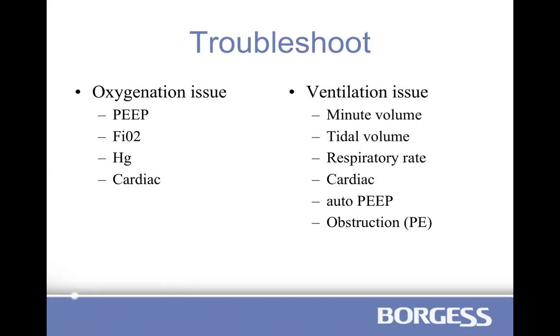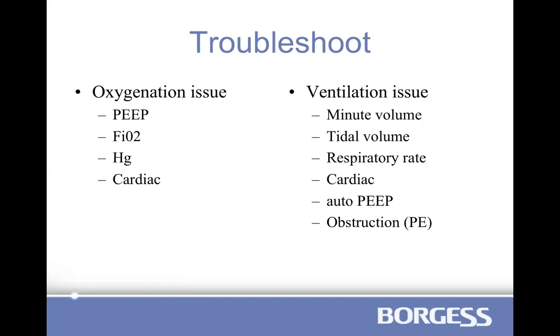Okay, so that's oxygen. PEEP and FiO2 will change your oxygenation. If you have a ventilation problem, it's still also the concept of, is it a cardiac problem or something other than the lung itself? But if you are trying to blow off more CO2, then you must change your minute volume, your tidal volume or respiratory rate. Those are the two that really change your ventilation.